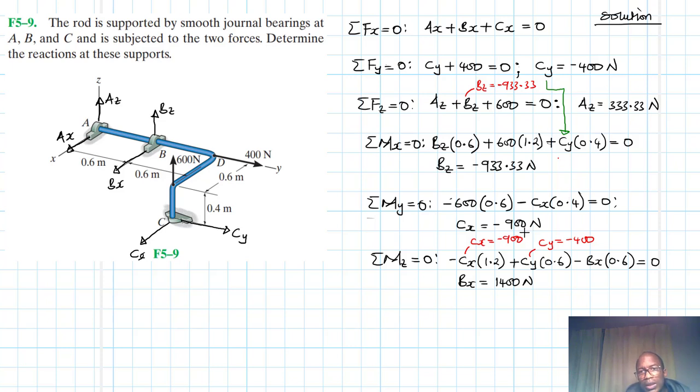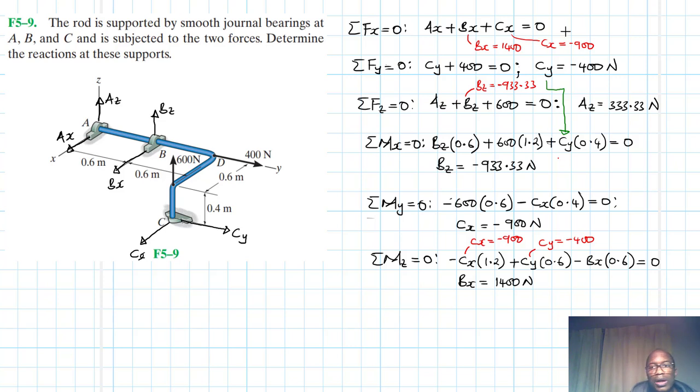All right, what else? This one here, let me just rub this part where we have the solution. Bx we already found: our Bx is 1400, and our Cx is minus 900.